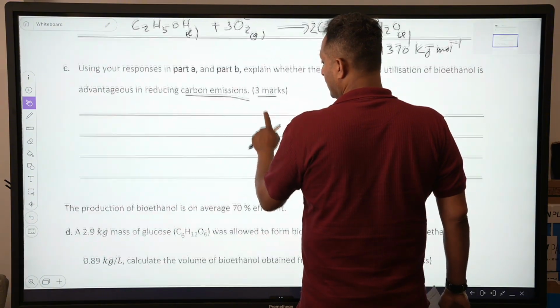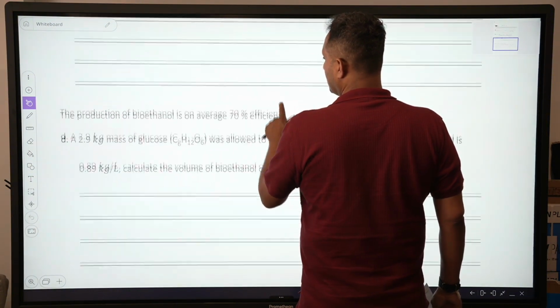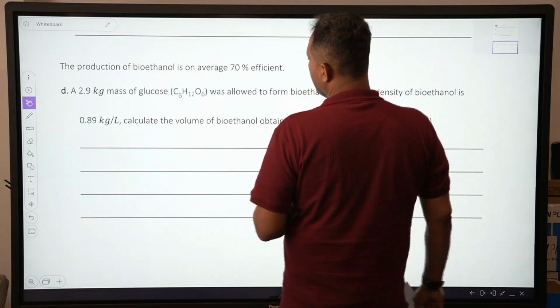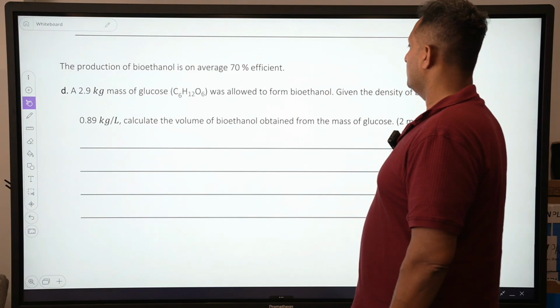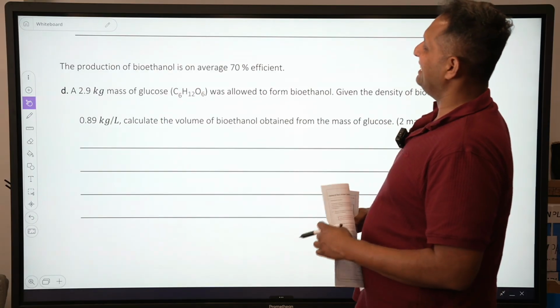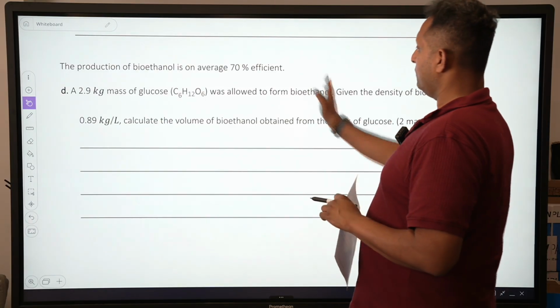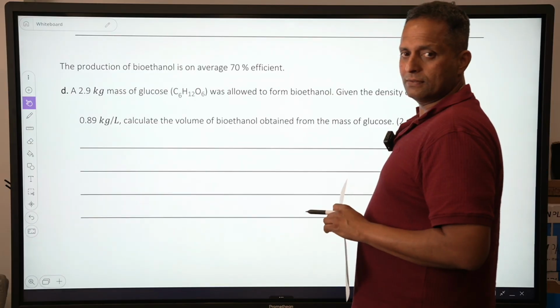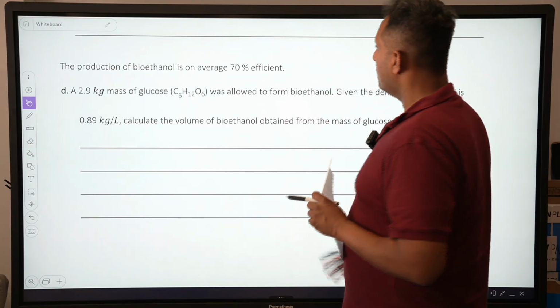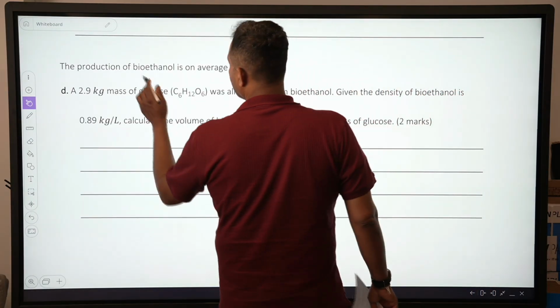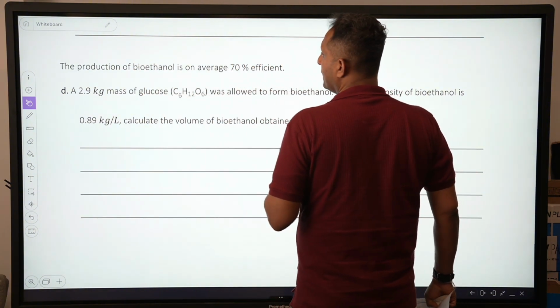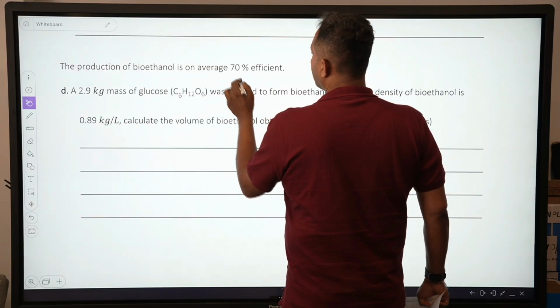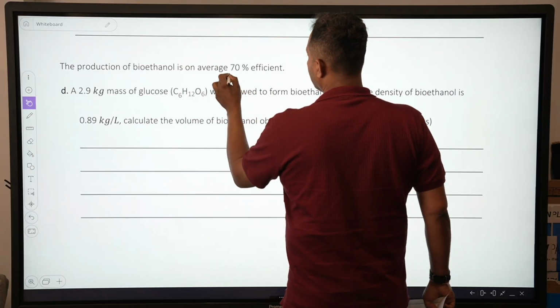Now, to do the next question, you need a lot of stoichiometry. It's a straightforward stoichiometric question. Most people can get marks for a question like this. So let's get the key points.